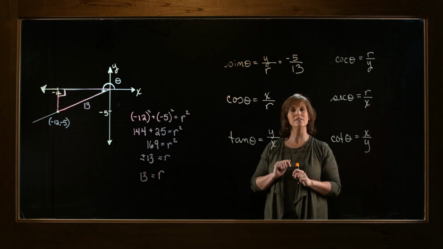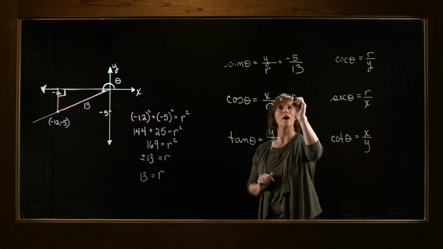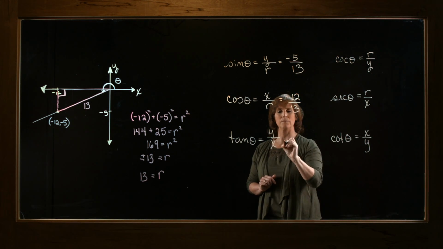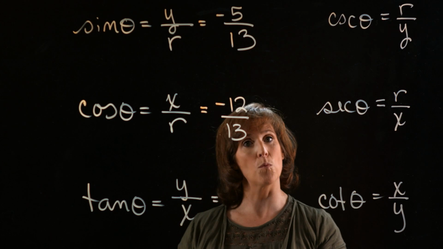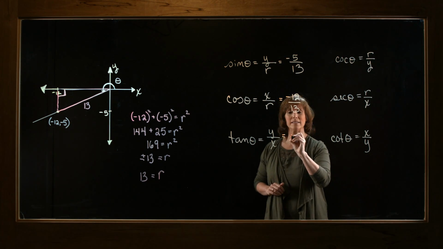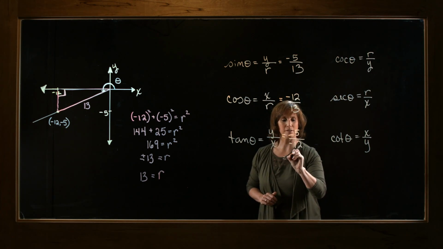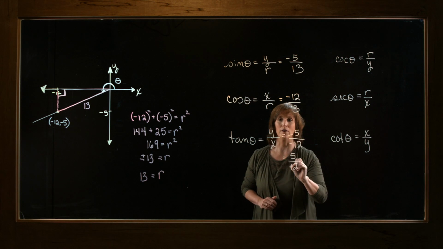I've already done it for the sine, but let's fill in the other 5 trig function values. For the cosine, I want x divided by r, which in this case will be -12 divided by 13. The tangent is the y-coordinate over the x-coordinate, so that will be -5 divided by -12, which can be reduced to 5 over 12.